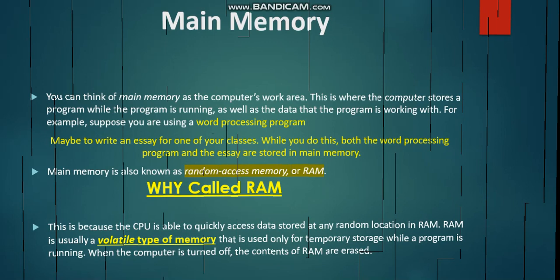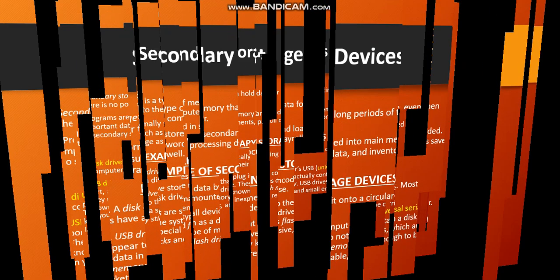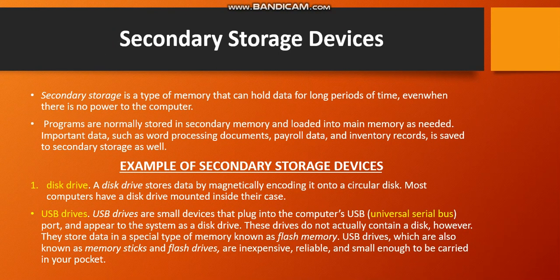So let's move on and talk about secondary storage devices. If the electricity goes off or my computer turns off, my content is gone. So if I save my data, where does it go? Secondary storage is a type of memory that can hold data for long periods of time, even when there is no power to the computer.